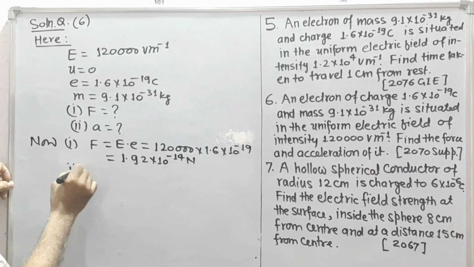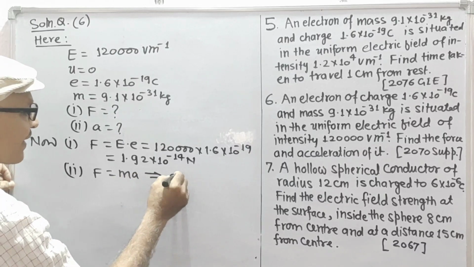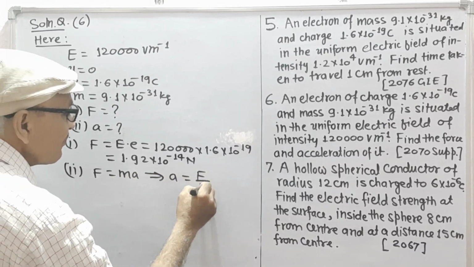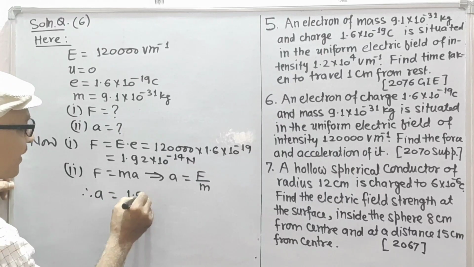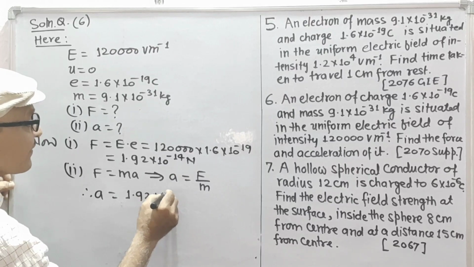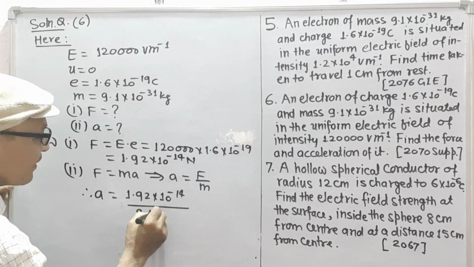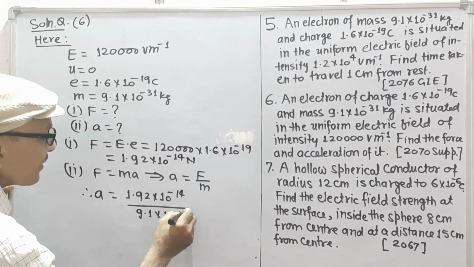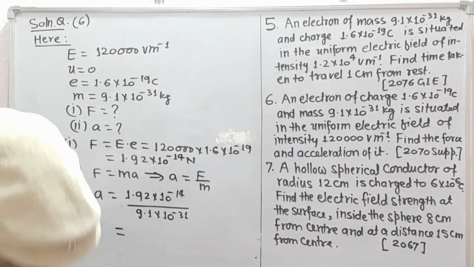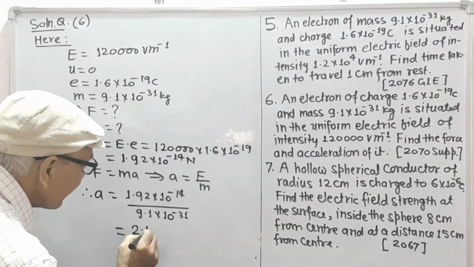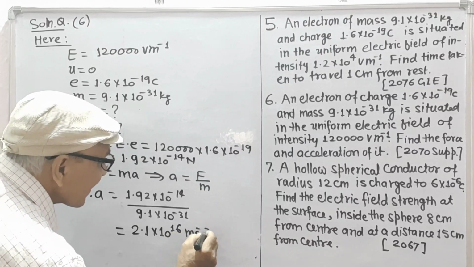Now, F is equal to MA, gives acceleration as F upon M. Both are known, therefore A will be equal to 1.92 into 10 to minus 14 divided by 9.1 into 10 to minus 31, which gives acceleration as 2.1 into 10 to power 16 meter per second square.